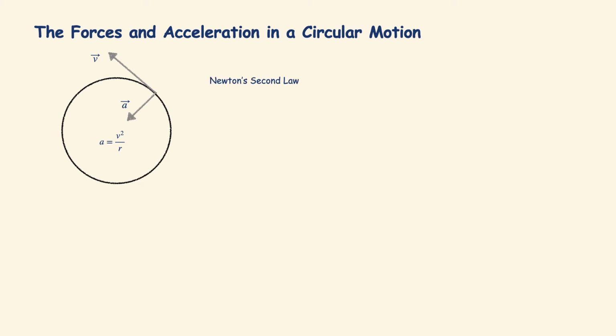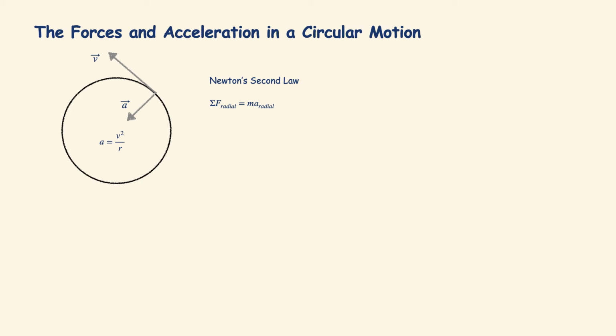Of course, we also know Newton's second law by now, that says that the sum of all forces has to add up to the mass times the acceleration. That has to apply for all directions, and in this case we have a very special direction that points towards the center of the circle. That's the radial direction.